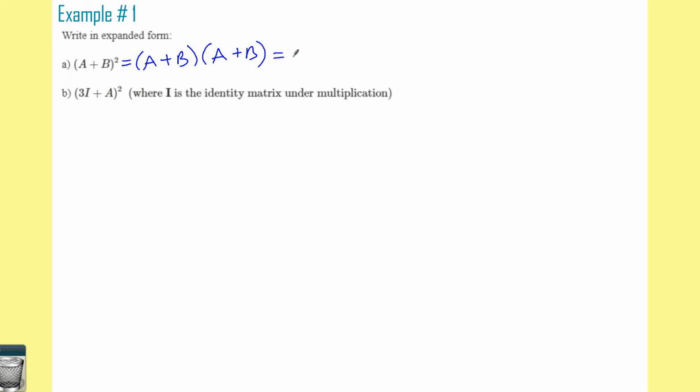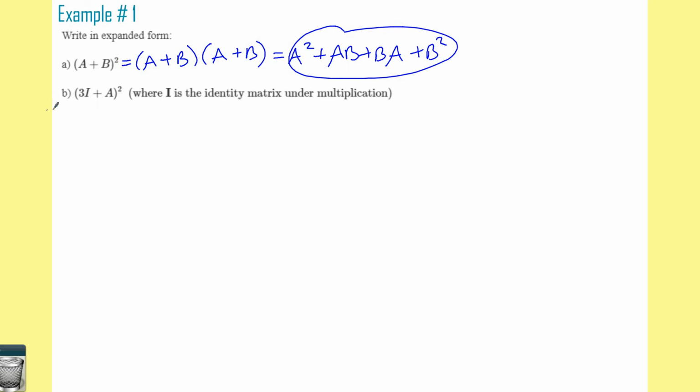So we FOIL it, and we should get A squared plus AB plus BA plus B squared. And that's it. There is no combining AB and BA because matrix multiplication is not commutative. These are not equal. So if you're talking about matrices, this is it in expanded form.